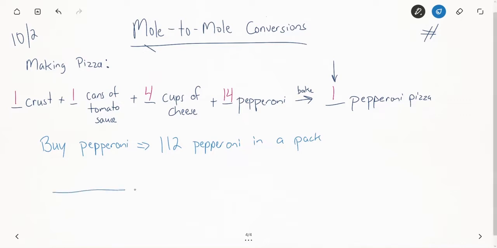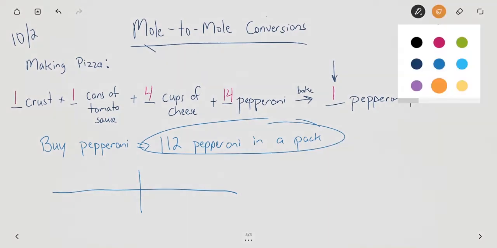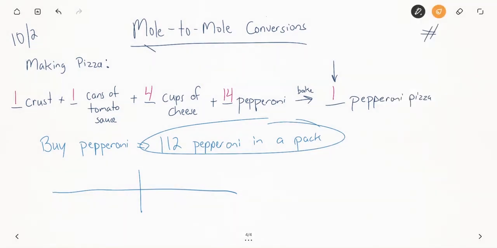What I can do is set up a T-table to help me figure out how many pizzas this would ultimately help me make. In this case, I'm going to use our 112 pepperoni as my given, and we're going to leave this area on our T-table blank, and I can create a relationship with this.